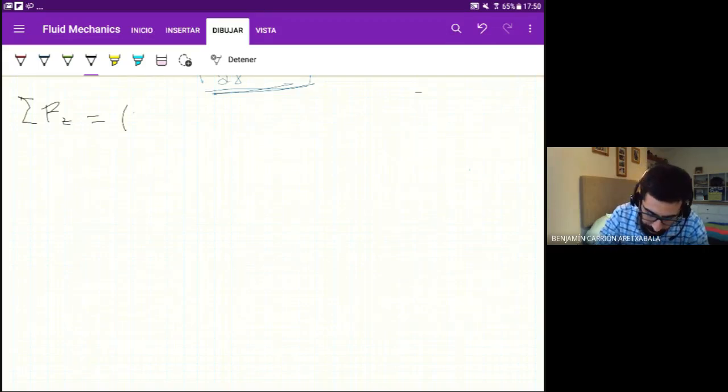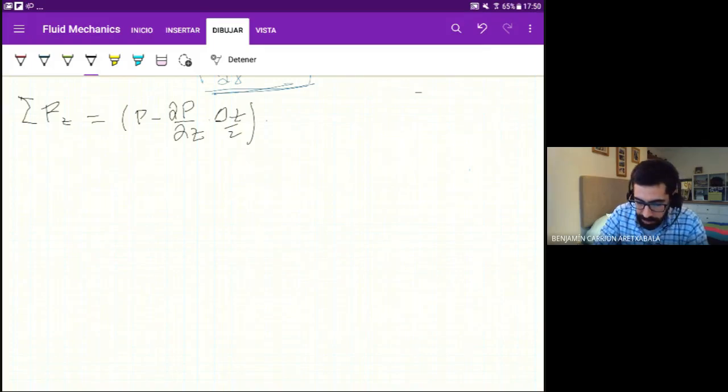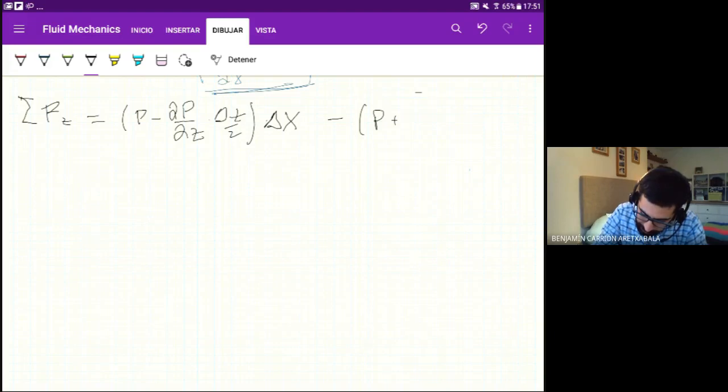So that's going to be P minus dP at dz times delta z half. That's a pressure acting on a surface of delta x. And going down, we're going to have the pressure at the top, so minus P plus dP at dz times delta z half acting on an area delta x.